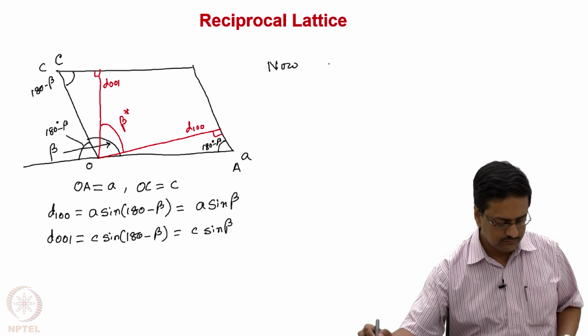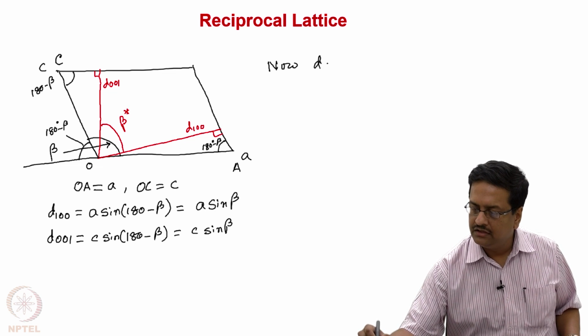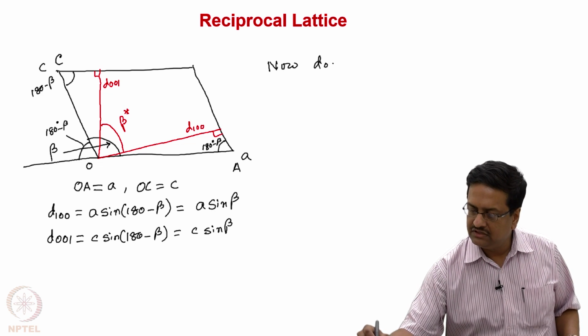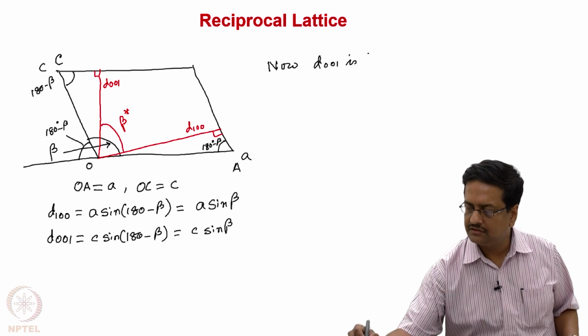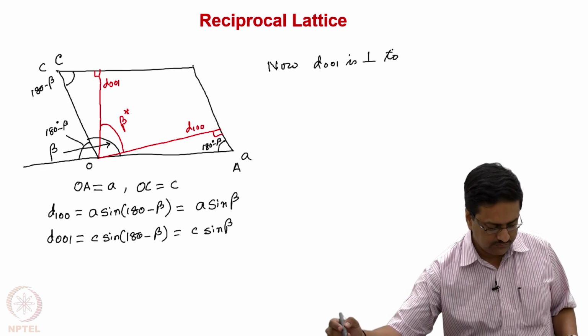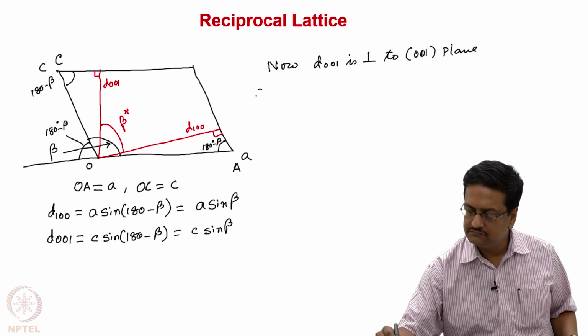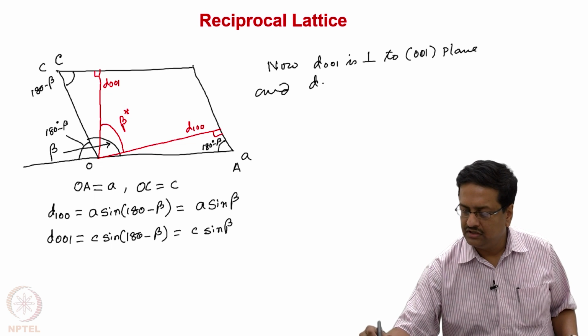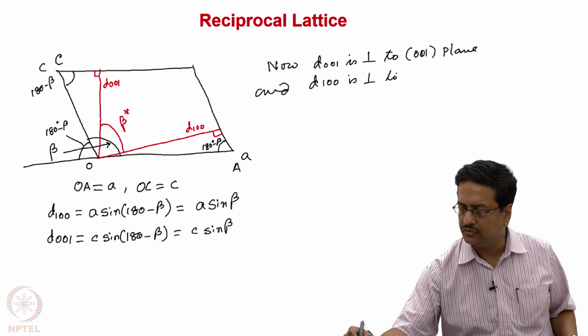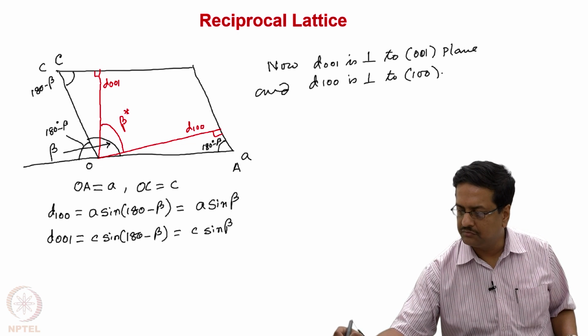Now, D001 is perpendicular to the 001 plane and D100 is perpendicular to the 100 plane.